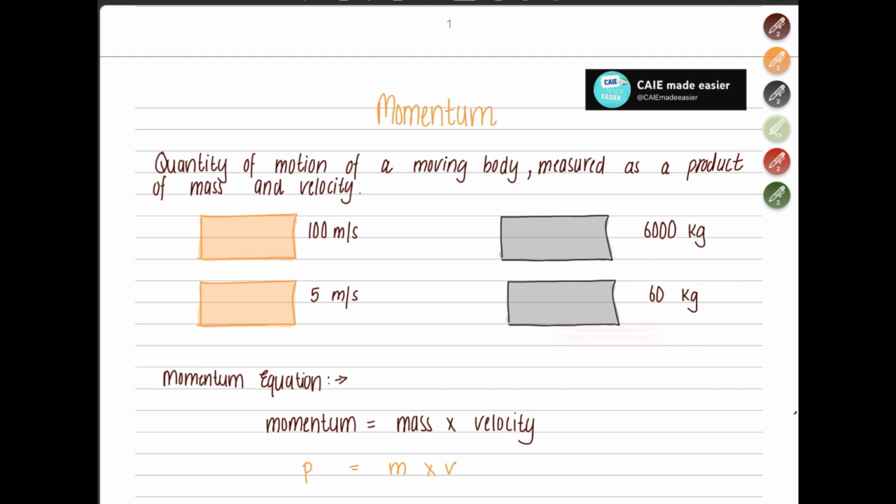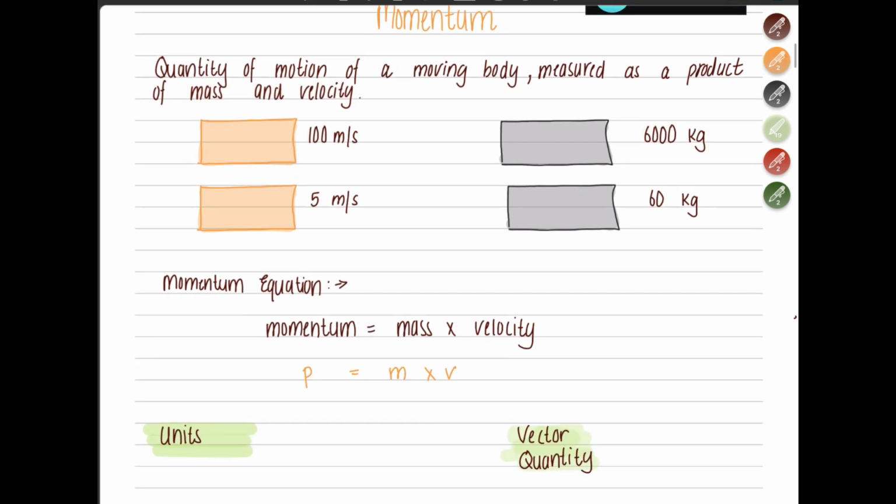You can stop it easily. So we can conclude that momentum is the quantity of motion of a moving body measured as a product of mass and velocity. Both mass and velocity are needed to find a momentum. Therefore, if we have to define it, we can say momentum equals mass multiplied by velocity.